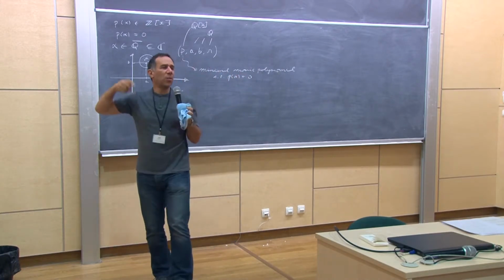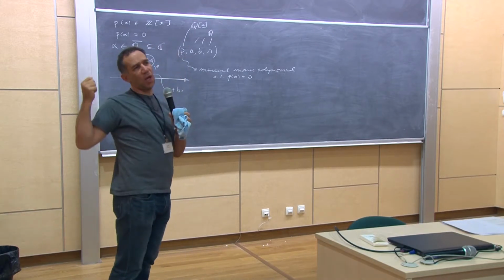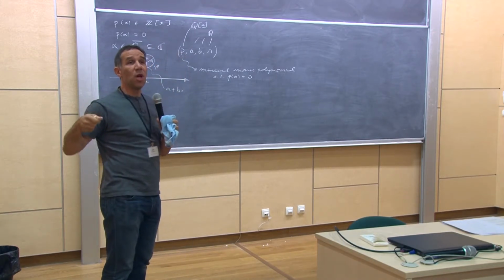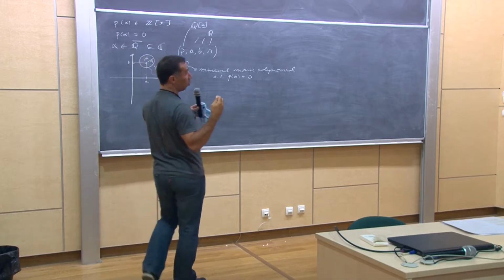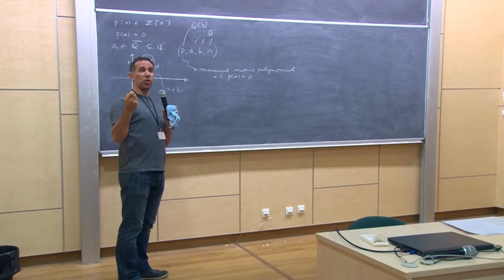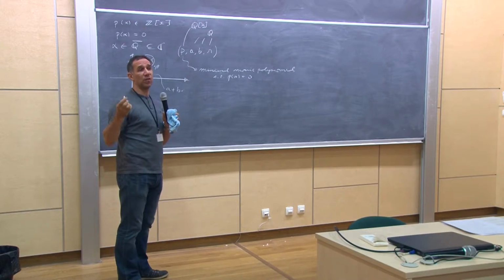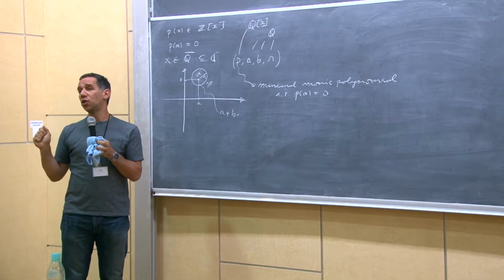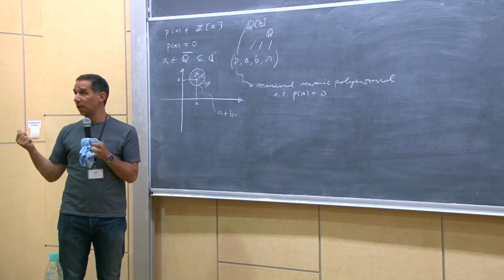Okay, so there may be many polynomials p such that p of alpha is equal to 0, but there is always going to be one of minimal degree, and by monic, I just want to say that the coefficient of the highest degree term is 1. Okay, so then it uniquely defines it.